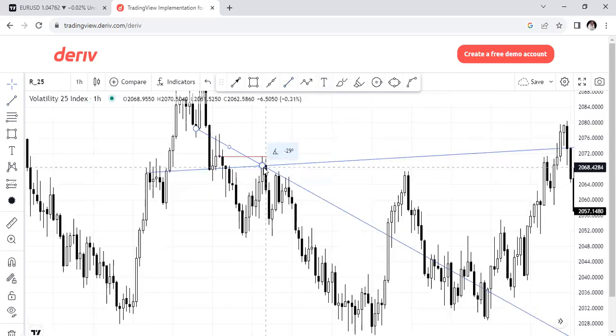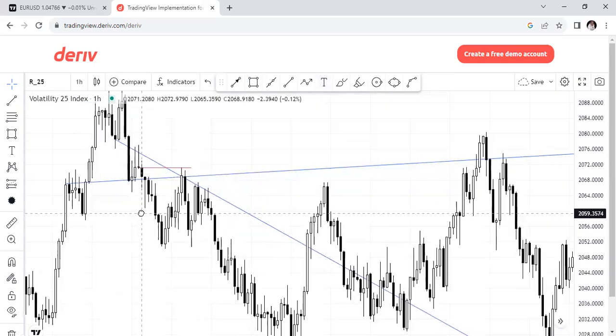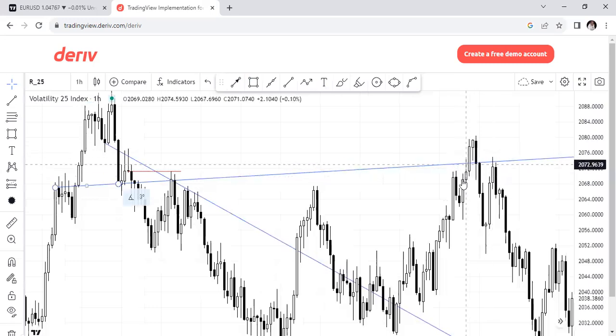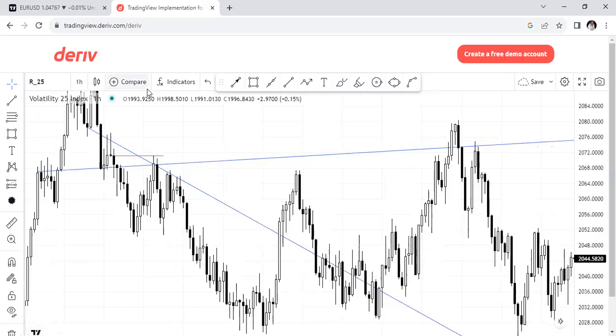Above this connection, above this confluence. I see that. So it's a good one. And we got another one here. You can see that.